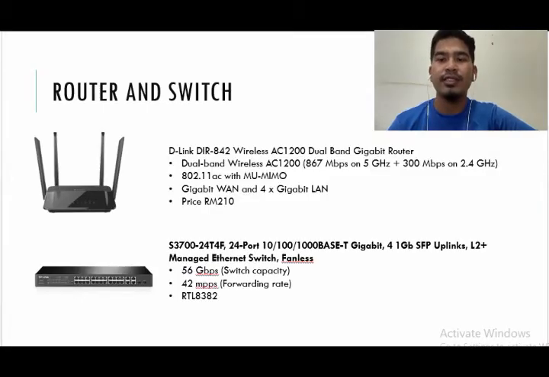Okay, this is why we use this router and this switch. This router has dual bandwidth, 5 GHz and 2.4 GHz. The advantage of dual bandwidth is that it is faster and can reduce congestion.